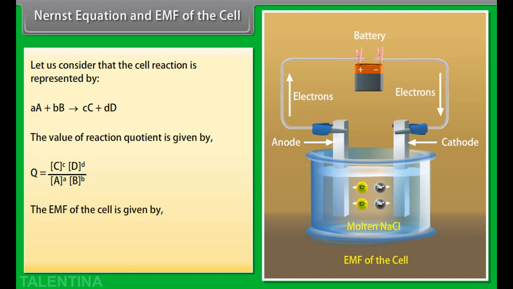The EMF of the cell is given by E°cell minus 0.0591 upon n multiplied by log [C] raised to the power c into [D] raised to the power d divided by [A] raised to the power a into [B] raised to the power b.